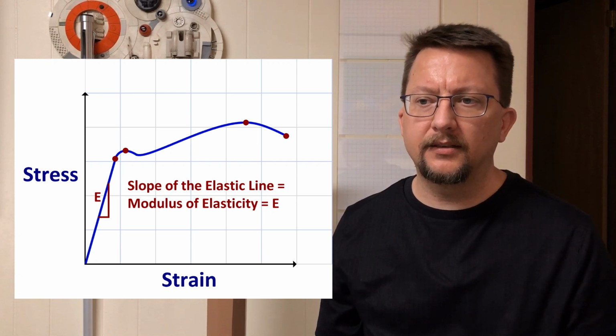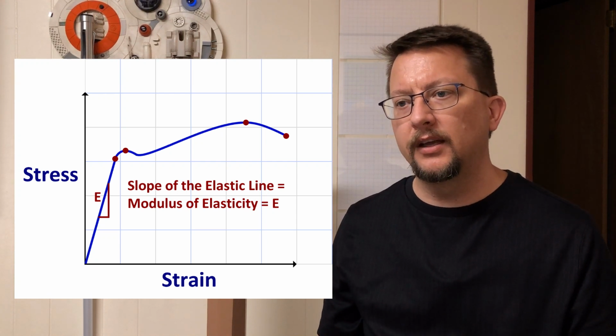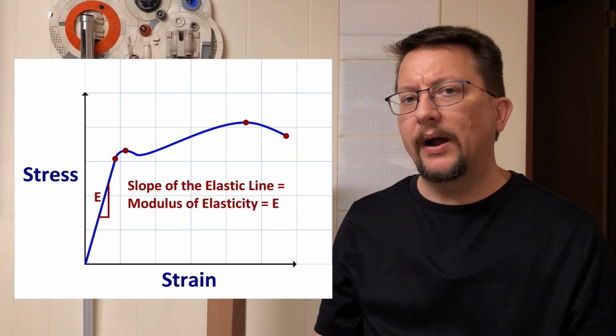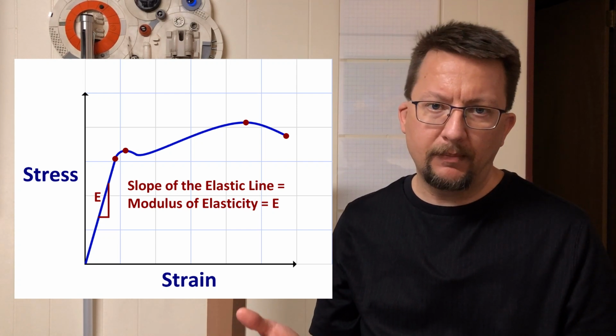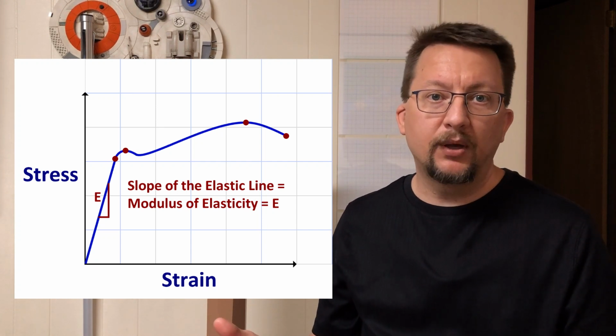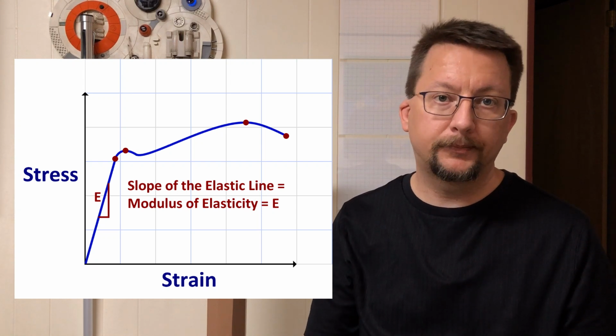It's a really good number to understand, because if you're comparing one material to another, that basically tells you how well that material will resist changing shape if you put it under a certain amount of stress or a certain amount of force.